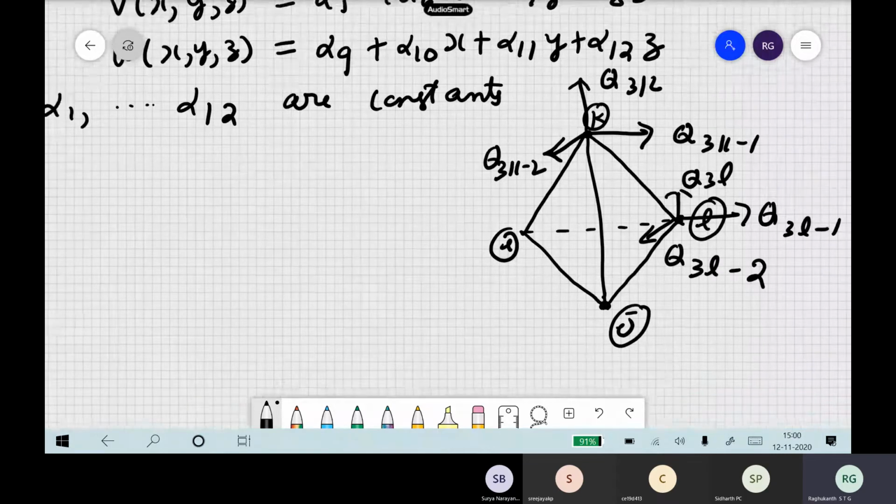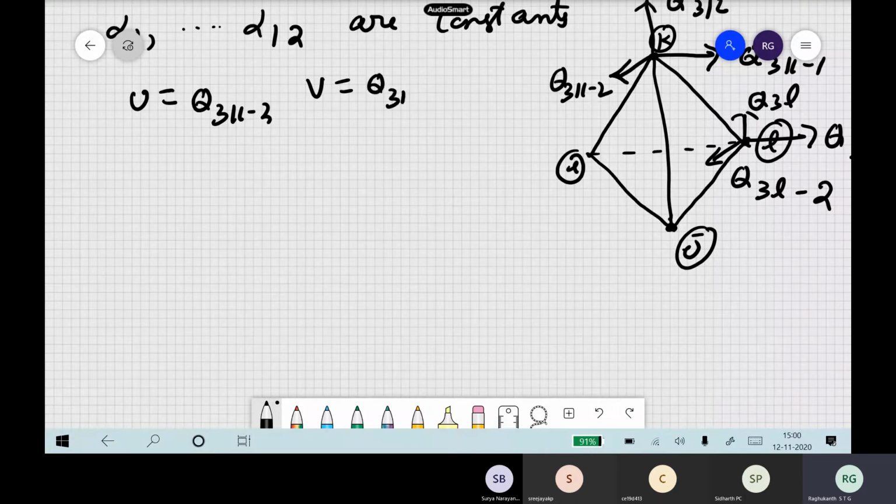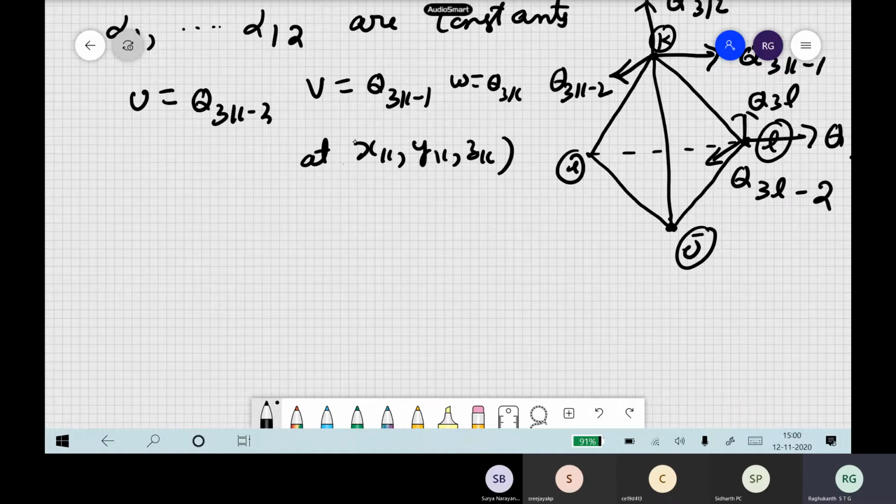So we have 12 values, and these are the displacements. For example, u is q3k minus 2, then v is q3k minus 1, and w is q3k at x equal to xk, yk, zk. Okay, so this is our tetrahedral element.